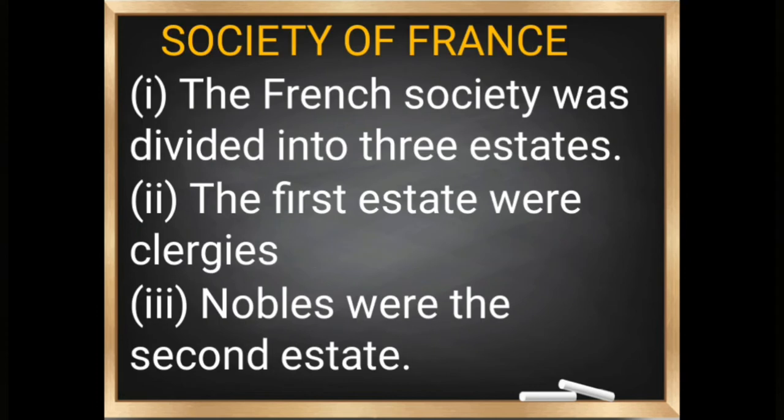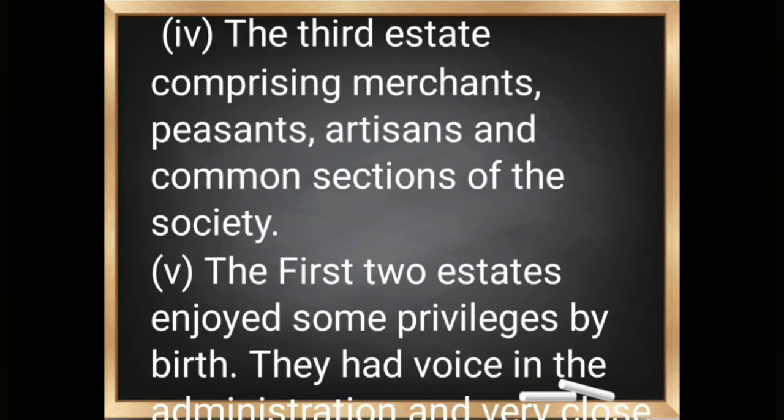Next point, society of France. First point, French society was divided into three estates. The first estate was the clergy. Nobles were the second estate. The third estate comprised merchants, peasants, artisans and common sections of society.